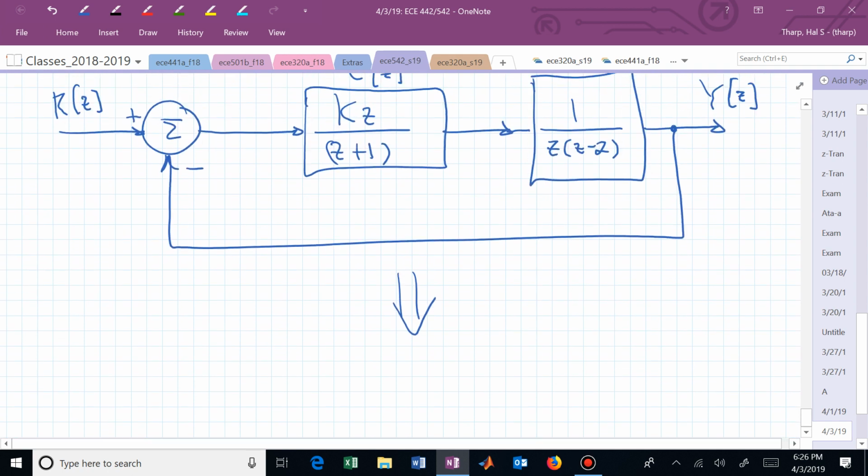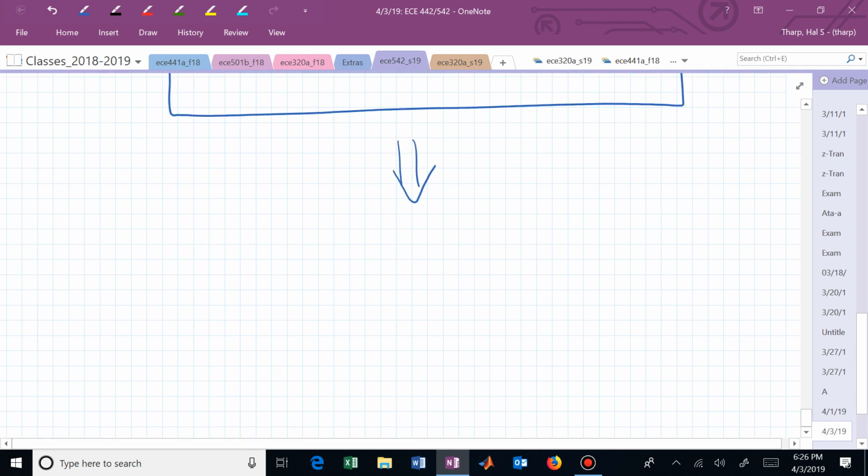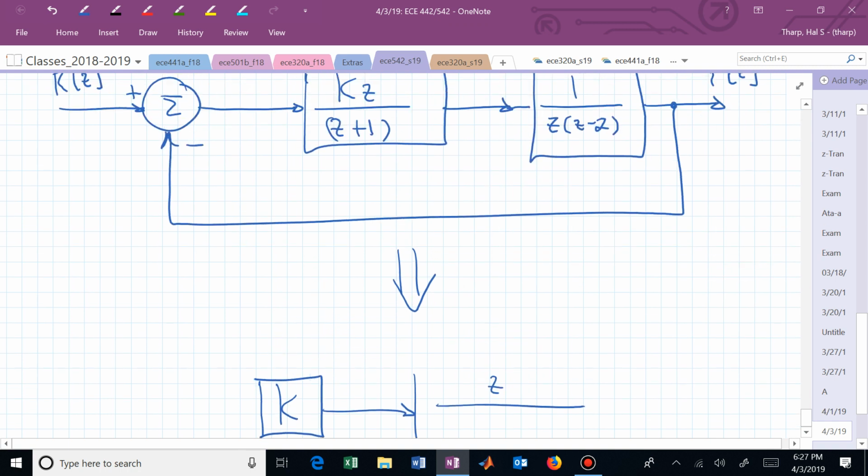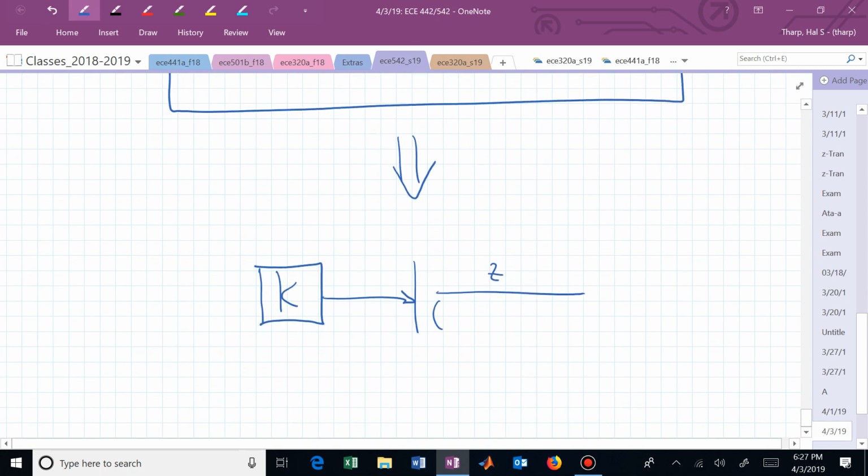Meaning, now we can redraw this as if we had a K here, and now we had a Z here, and we have a Z plus 1, a Z, and a Z minus 2.